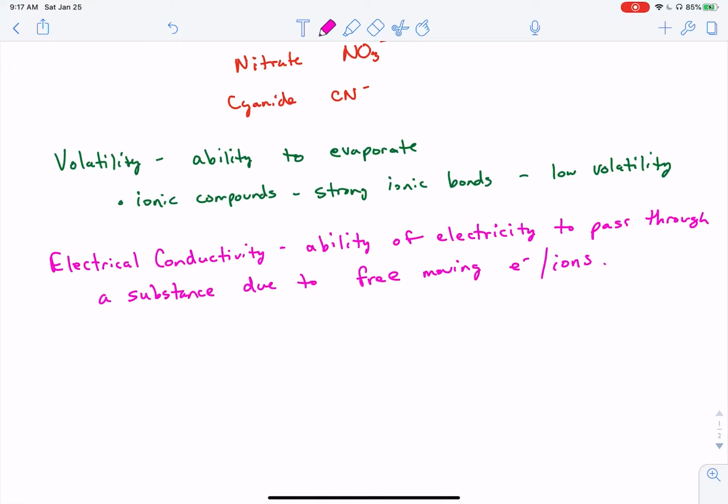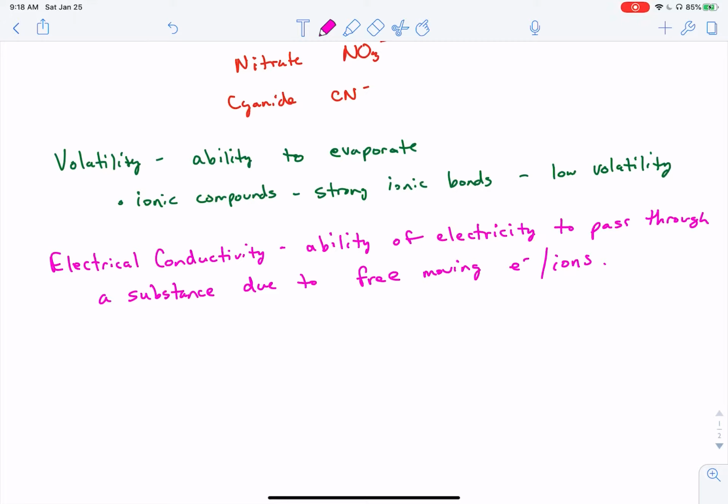So if you're talking about ionic compounds, to conduct electricity, it has to have free moving ions. If you're talking about metals, then you have free moving electrons. So make sure you're using the right context here. And this connects back to electrolytic cells. If you remember in oxidation reduction, when you do electrolytic cells, you put electricity through molten ionic compounds.